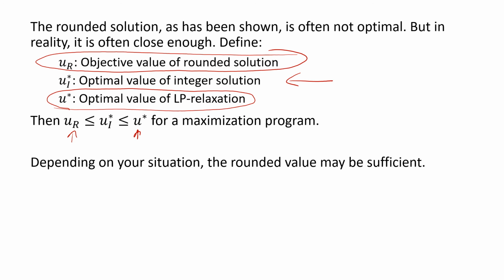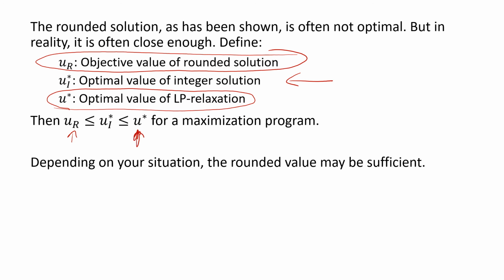Quite often in reality, especially with large problems, what you'll do first is you'll round. You'll try the rounded solution. Sometimes that rounded solution's optimum value is going to be very close to your solution for the LP relaxation.